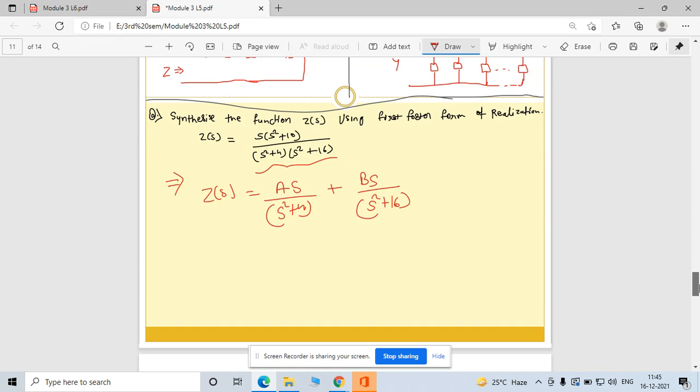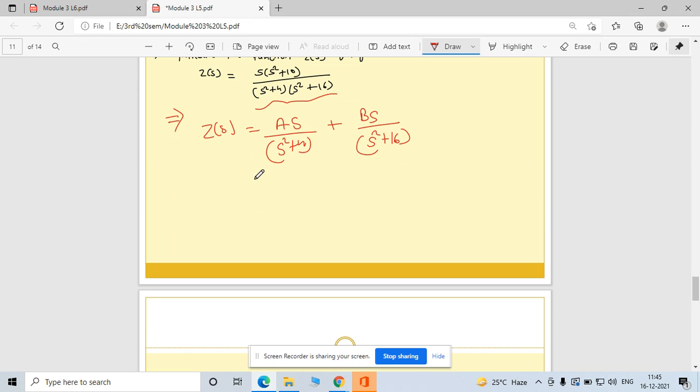I hope you know the partial fraction very well. Here you need to find the variables a and b. So how to find them? This is nothing but s into s square plus 10 divided by s square plus 4 into s square plus 16, right? Simple. You have to multiply the denominator with the whole equation.